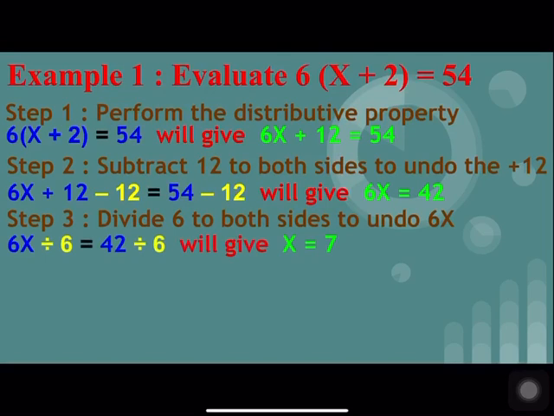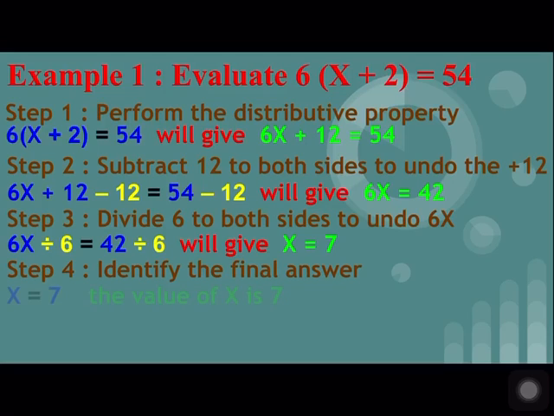So 6x divided by 6 will give us x, or 1x. And then 42 divided by 6 will give us 7. So now we have our final answer, which is x is equal to 7.